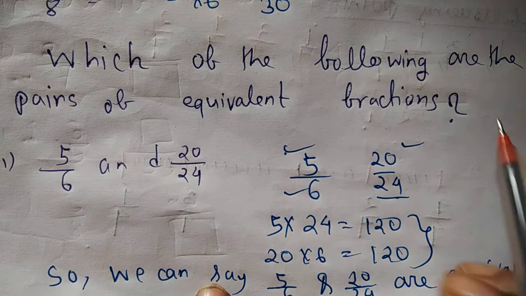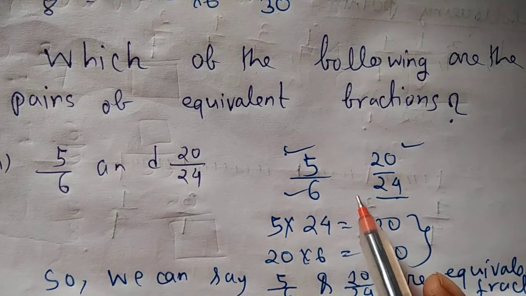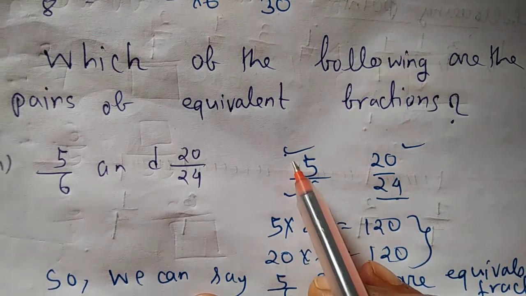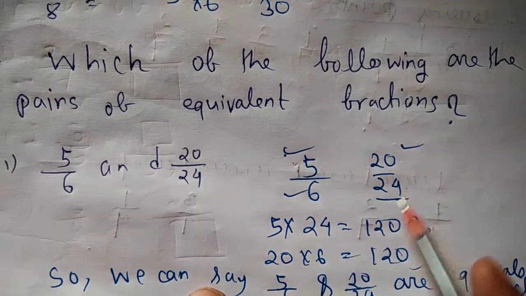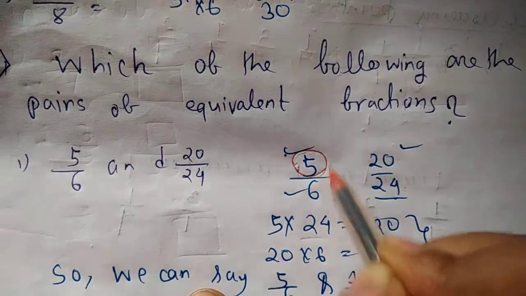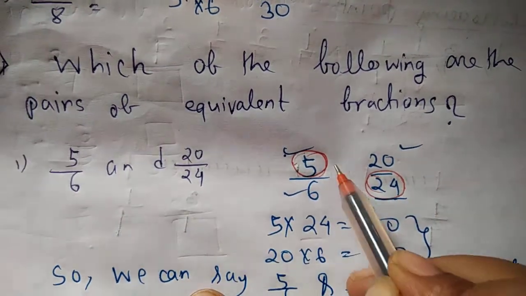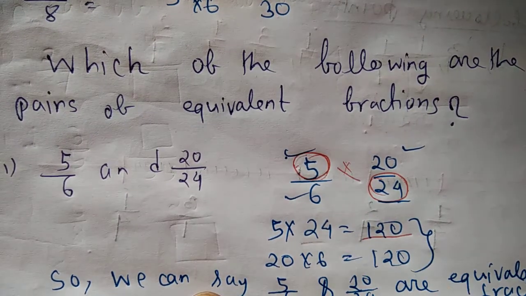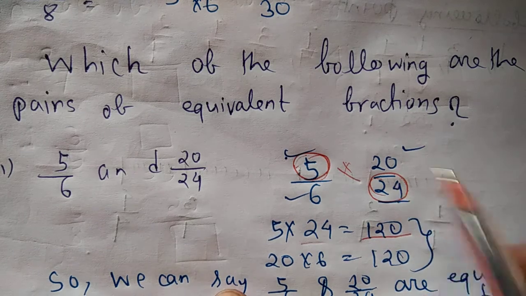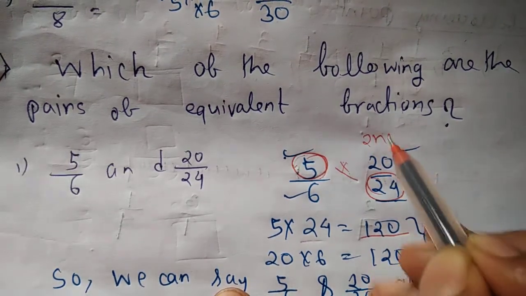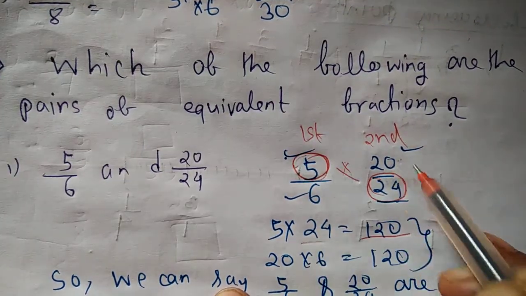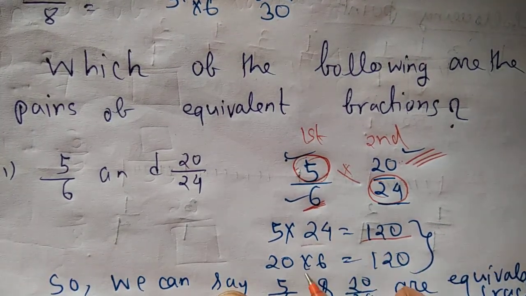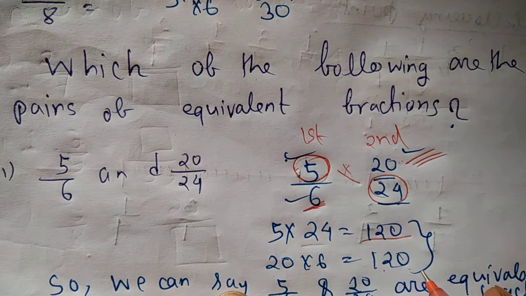So here you can see that the numerator of the first fraction and the denominator of the second fraction, if you multiply this, you get 120, and the numerator of second fraction and denominator of the first fraction, if you multiply this, you get 120.